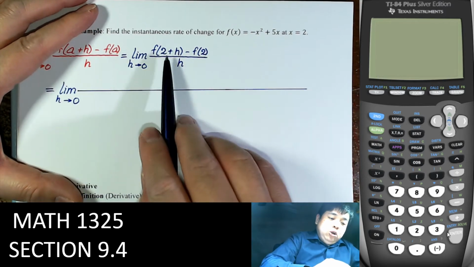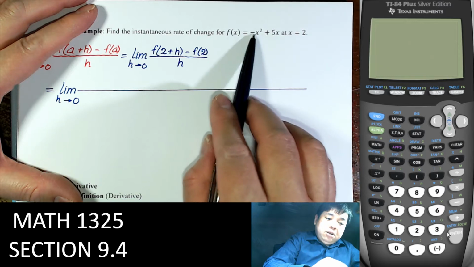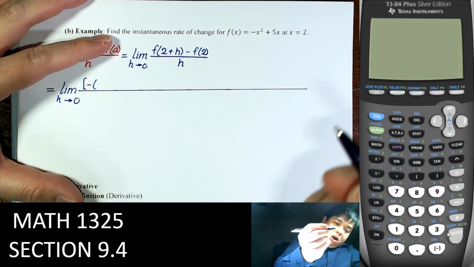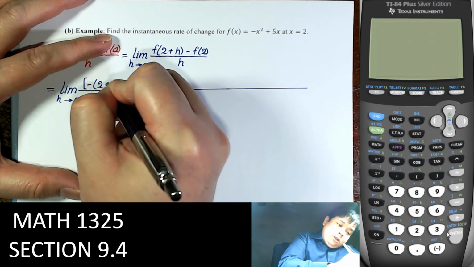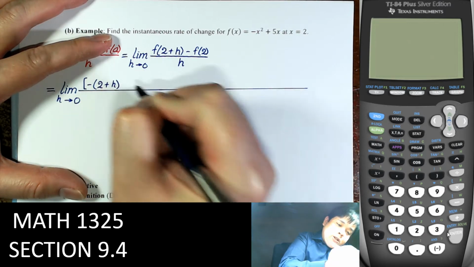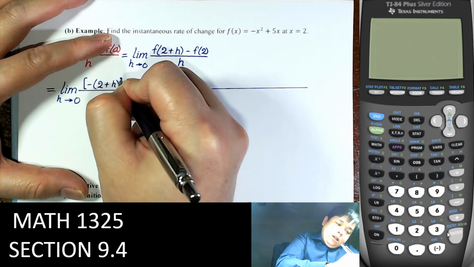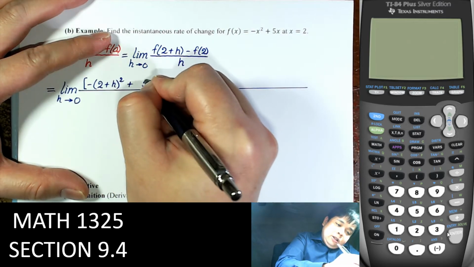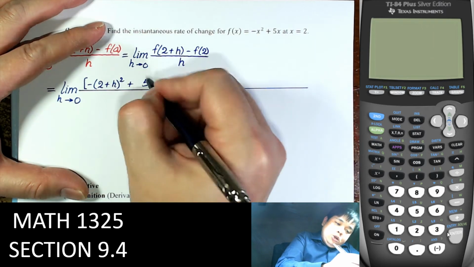Right, first I put 2 plus h into every x of the problem. So minus (2 plus h) squared plus 5 times (2 plus h).